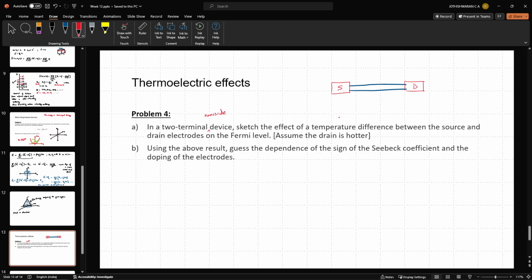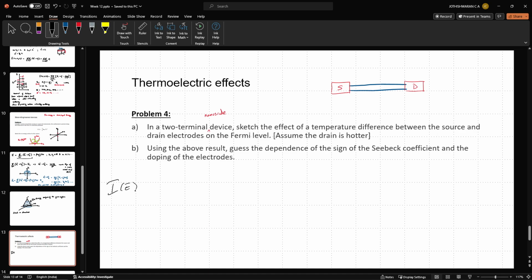Now the question is, what will happen when there is a temperature difference? Now, why do I need to know the difference between the Fermi levels? I need to know the difference between the Fermi levels for this very simple reason.